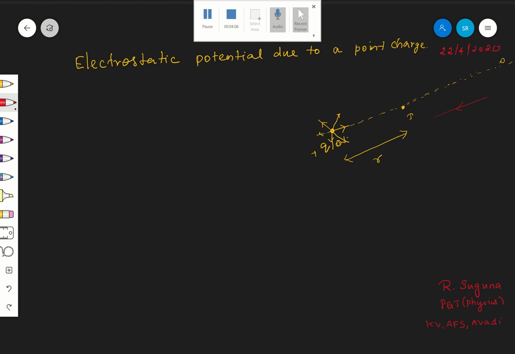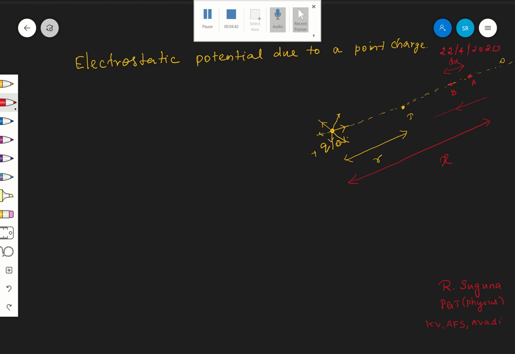Now, in this path, I take two more points, A and B. My point A is at a distance X from O. O is the point where the plus Q source charge is situated. Let the distance between A and B be dx.